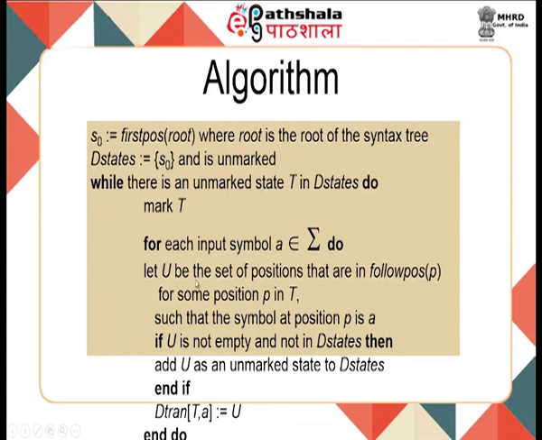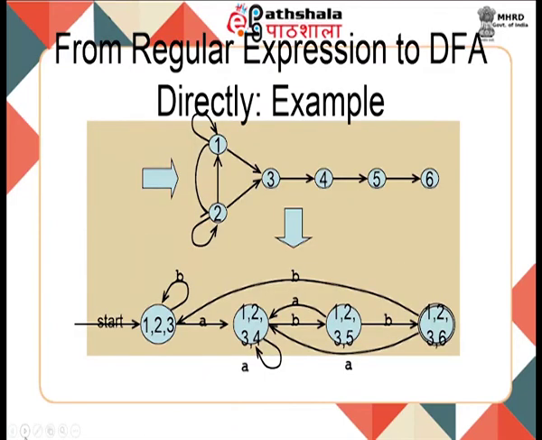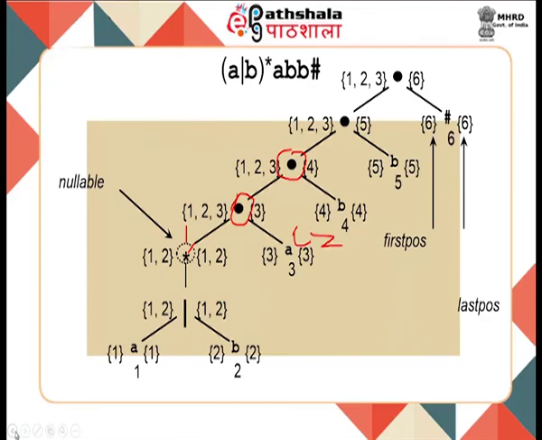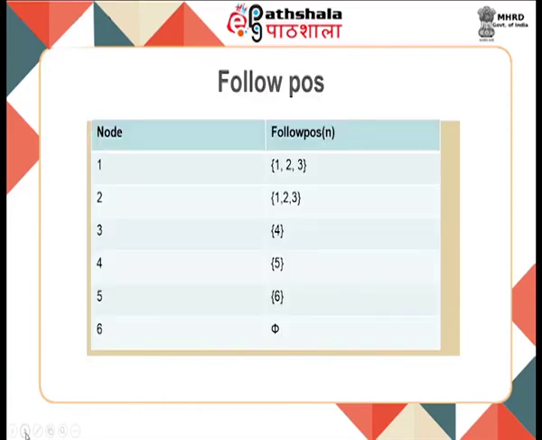Now, this is actually the algorithm which is given in the book. Let us just look at it very simply in a simplified fashion. I have 1 comma 2 comma 3. Now, look at the tree, the syntax tree. The syntax tree has got 1, 2 and 3. Now, out of these 3 nodes, 1 and 3 belong to A. Okay. So, you should look at transition on 1 on A and transition from 3 on A. So, 1 comma 3's follow position on A, where does it take you to?